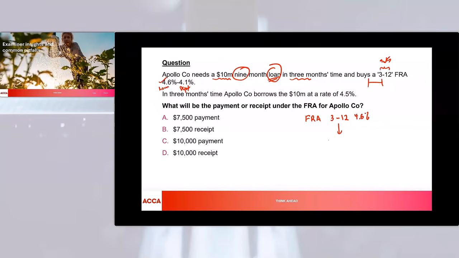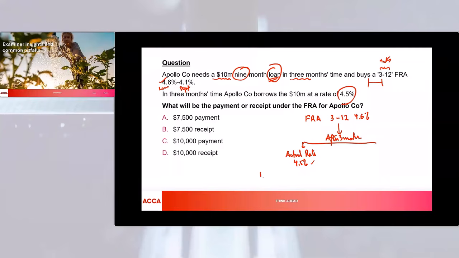After 3 months, the actual rate, or the market rate, is 4.5. The interest that we'll be paying on the underlying loan will be at 4.5 percent.